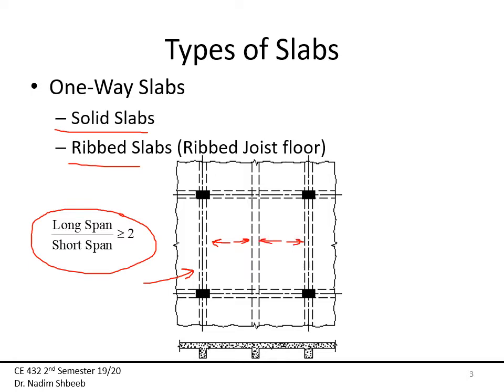This middle beam right here is carrying more. Usually this is divided up into two, so this beam will carry this whole area, while this beam will carry this, so this is carrying half of that panel, and this one is carrying the other half. So this is how one-way slabs are going to act.